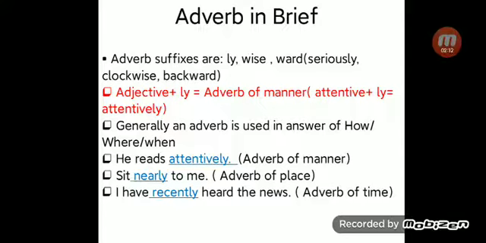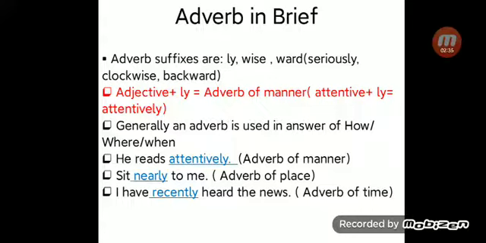Generally, an adverb is used in answer of how, where, when. If we ask how, where, when, then we will get the answer with the adverb. Here are some examples for you. He reads attentively, adverb of manner.